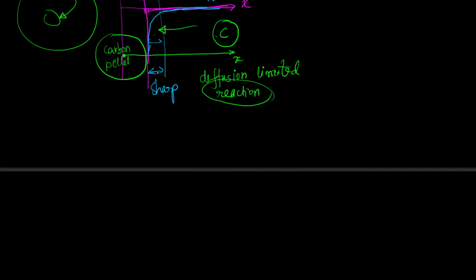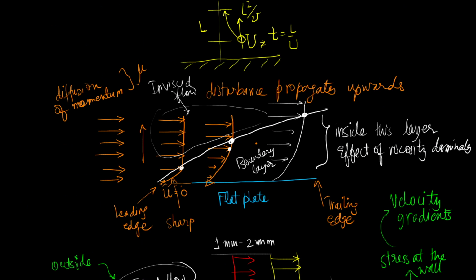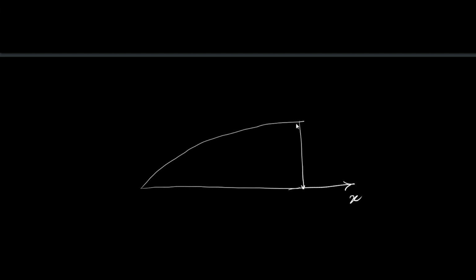But in this course we are going to focus our attention on the fluid dynamics boundary layer. So let me draw a clearer schematic before we proceed to the governing equation. As we have seen, there is a boundary layer. Let us call this axis x, and let us call the thickness of the boundary layer delta. So delta is a function of x.